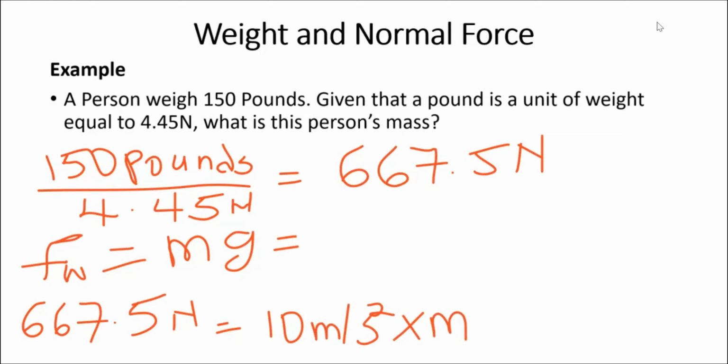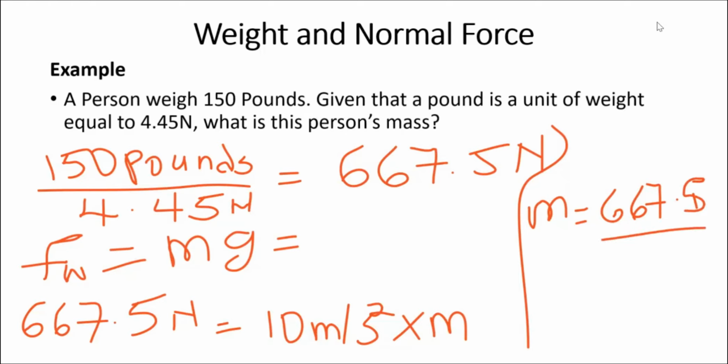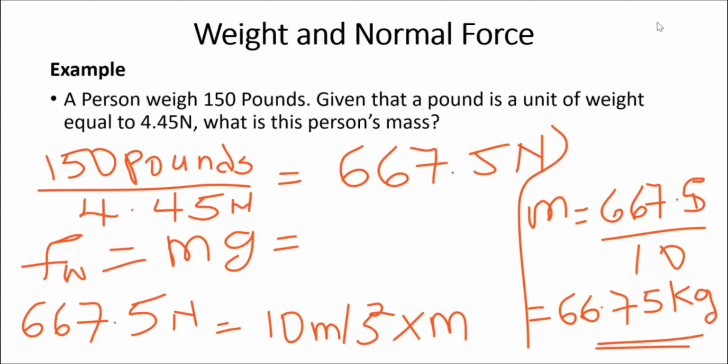So for us to get the mass, it will be 667.5 over 10, which would be 66.75 kilograms. Okay, that will be the person's mass.